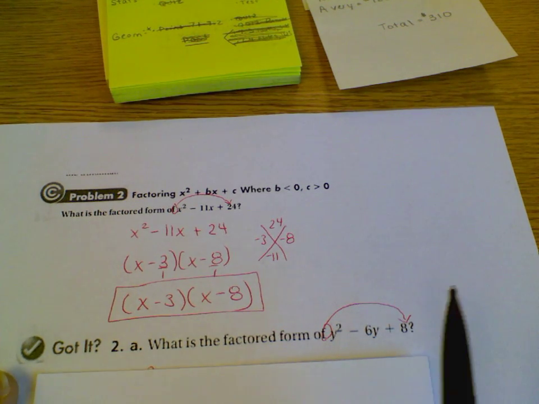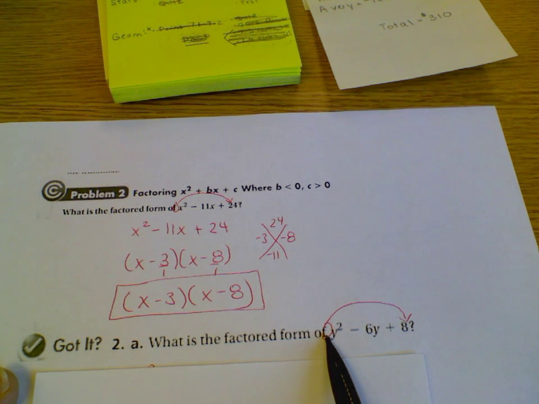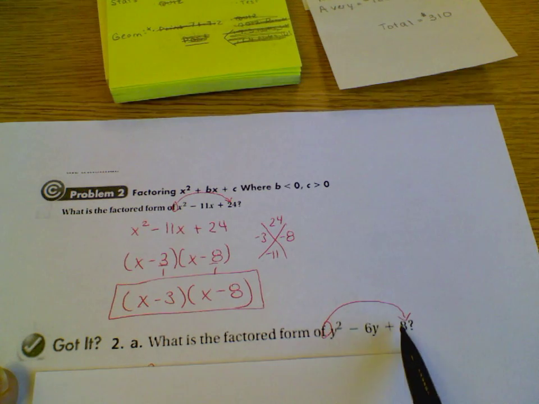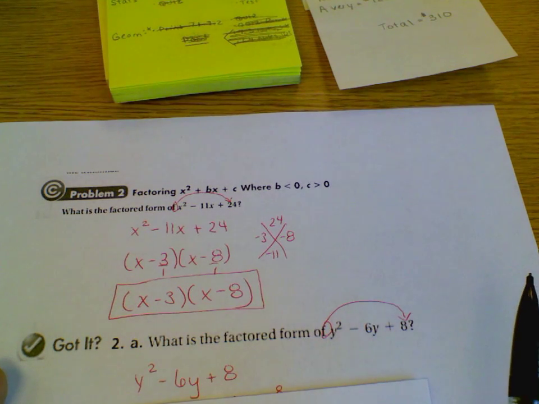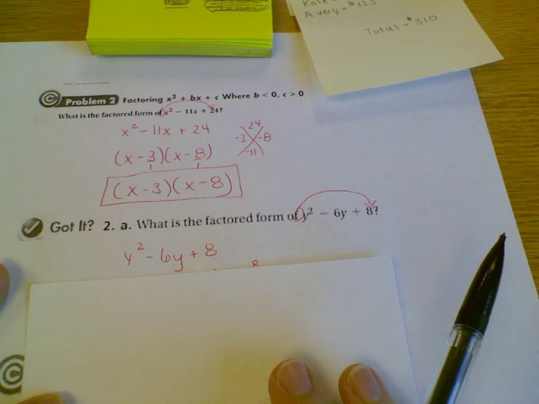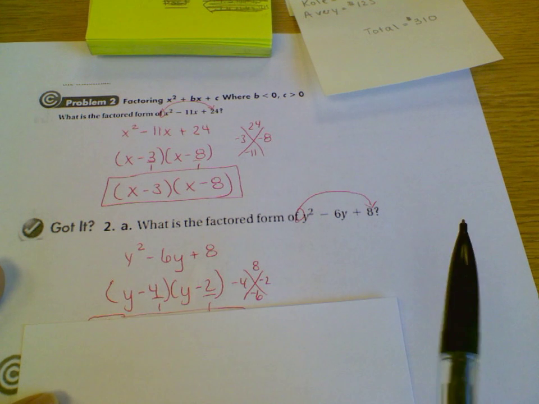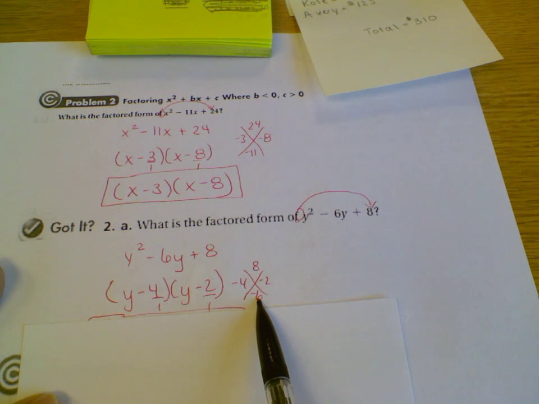Okay, in the got it question, I check for a greatest common factor. I can only divide all of those by 1, so that would be my greatest common factor. I slide this 1 over so that it just becomes y squared minus 6y plus 8. I need to find factors of 8 that would add or subtract to negative 6. When I set up my x, I have negative 6 on the bottom.